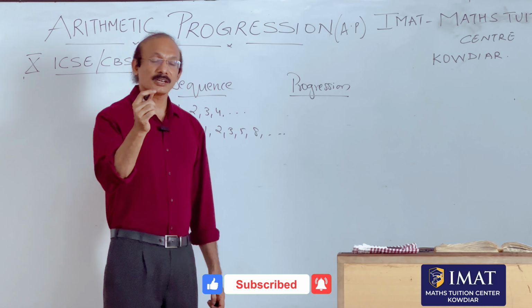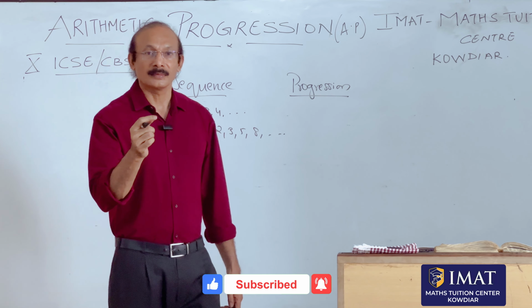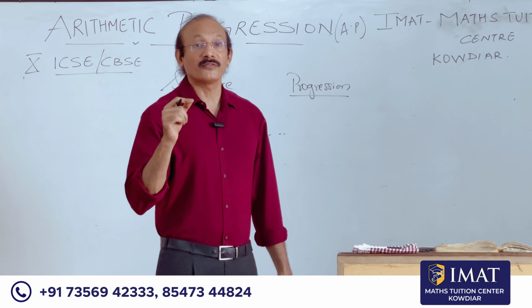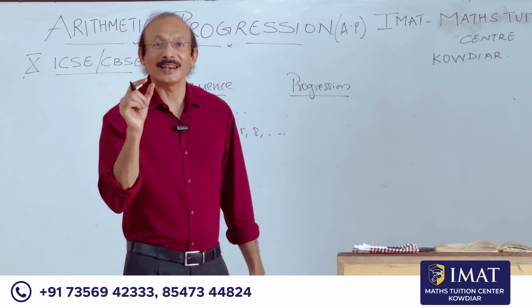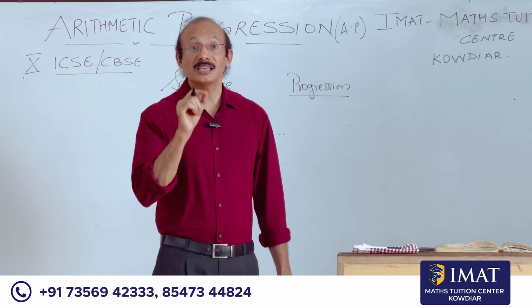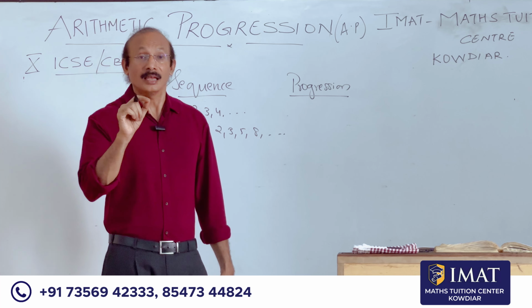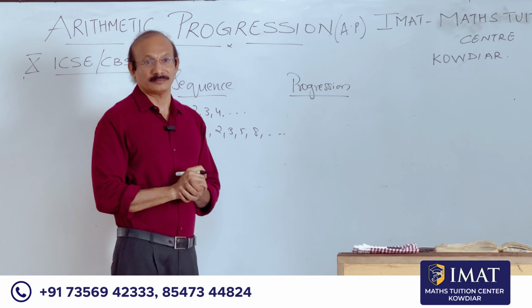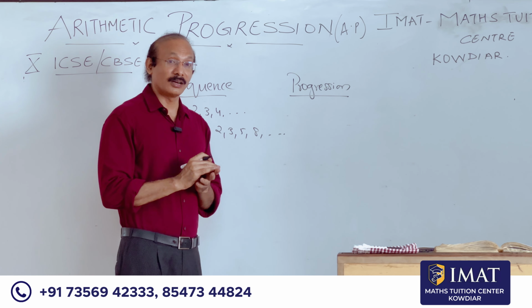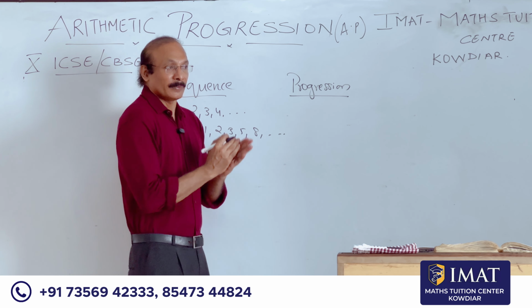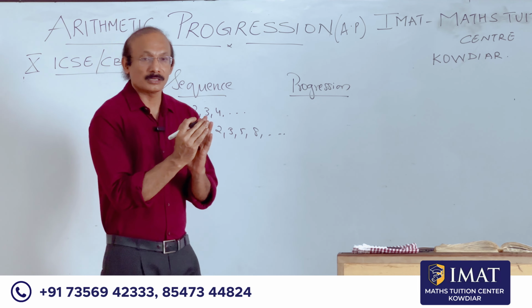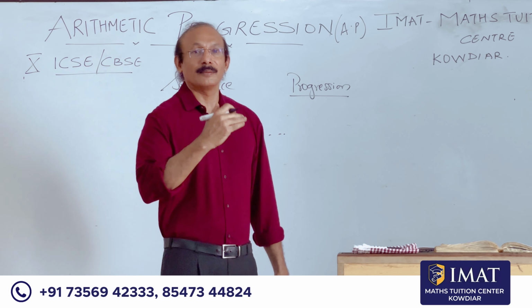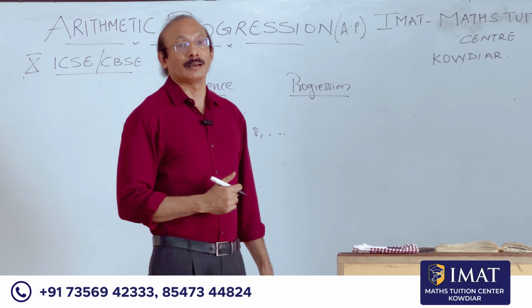See, a progression is nothing but a sequence of numbers that follow an order. A sequence of numbers that follow an order is called a progression. What do you mean by following an order? It means that if I give you 3 or 4 numbers of a sequence, you must be able to say what the next number is.